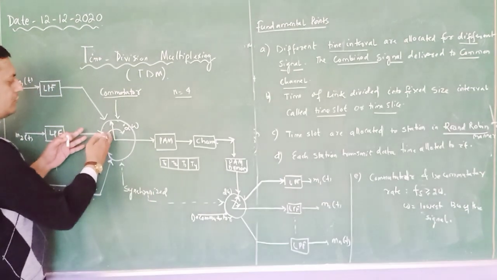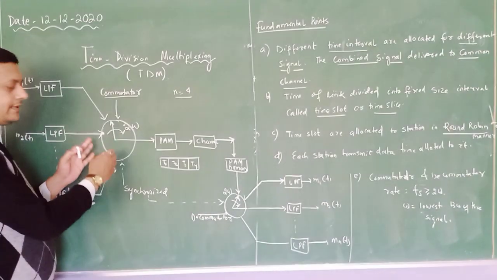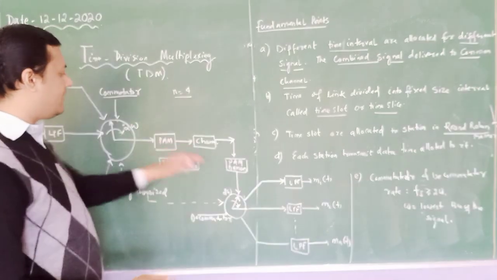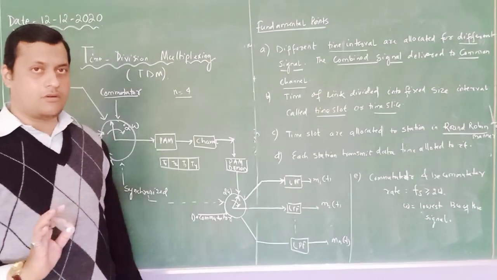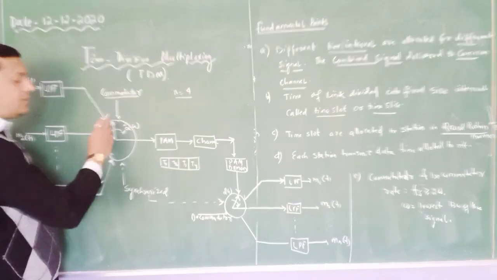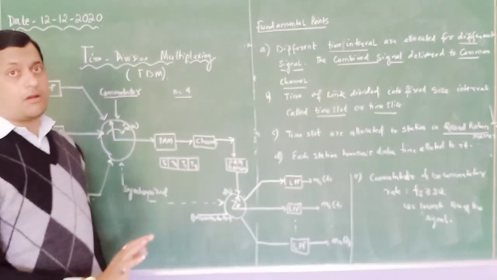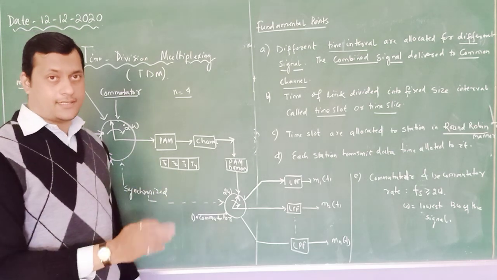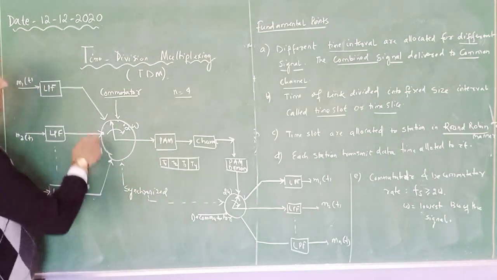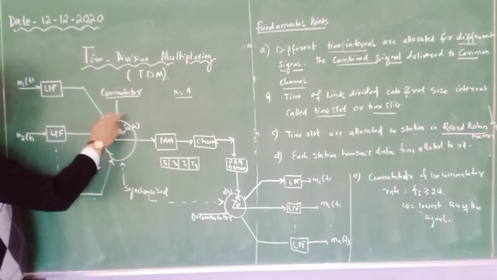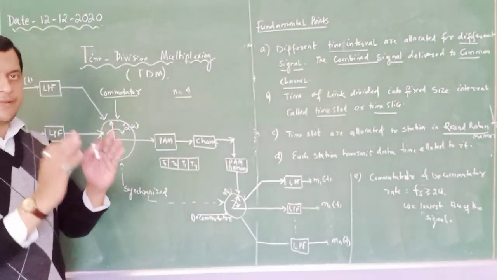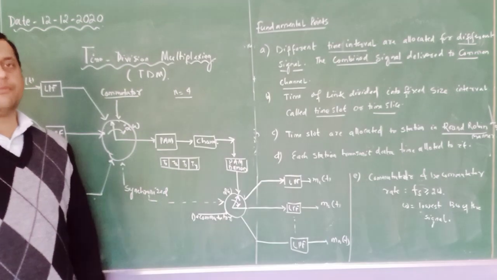So, when this commutator or this particular switch is moving either anti-clockwise or clockwise, your decommutator must also rotate in the same direction. If this is moving clockwise, this must also move clockwise at the same rate. Okay, that is called synchronization. Then, when it is identifying position to position, the time period is created. For a certain time period, I am extracting one piece of information.